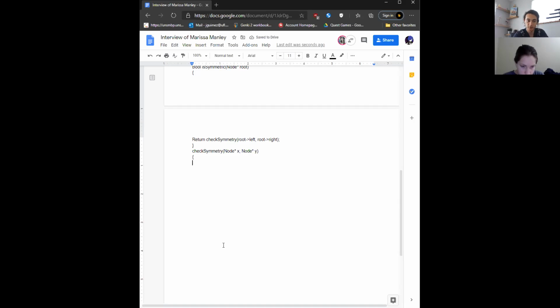And the base case for this would be if x equals null pointer and y equals null pointer. In short, if both of them do not exist, that means it is indeed symmetric, so you could return true.